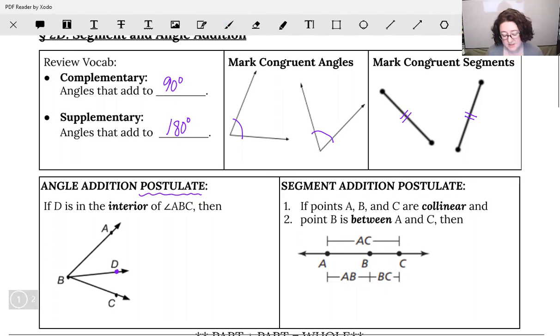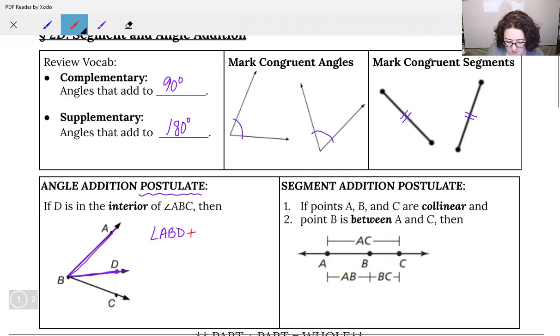Then I can actually say, having that new ray going through points B and D, so ray BD, I can say that angle ABD, this one, plus angle DBC, this one, when I add those up together, it's going to equal the whole angle all on the outside. So that will equal angle ABC.